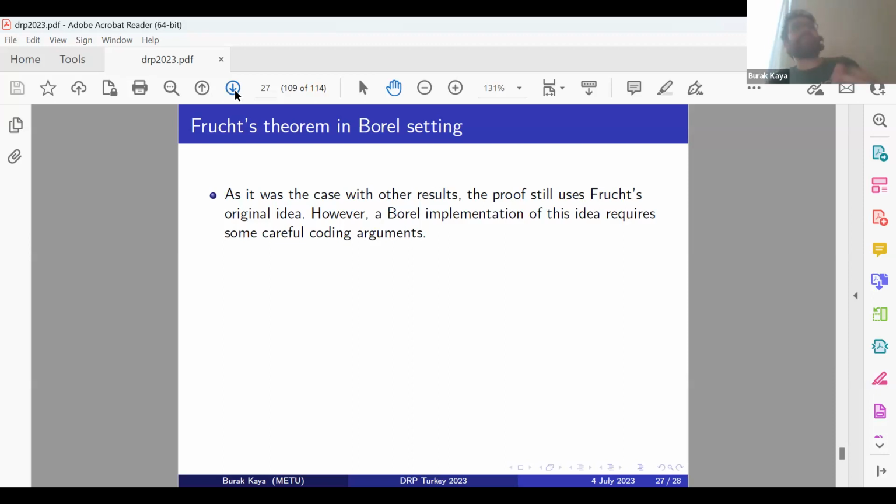I wouldn't say that our argument is an ingenious one. It doesn't have very deep tricks. It rather has standard tricks, but done in a slightly masterful way. There are coding tricks there. If you know enough descriptive set theory, you can get through this, because you have to code stuff with the Cantor space and make sure that things stay Borel. So you have to do certain parameterizations. You have to attach things to each other in a very nice fashion. So what we did is we still used the original idea.